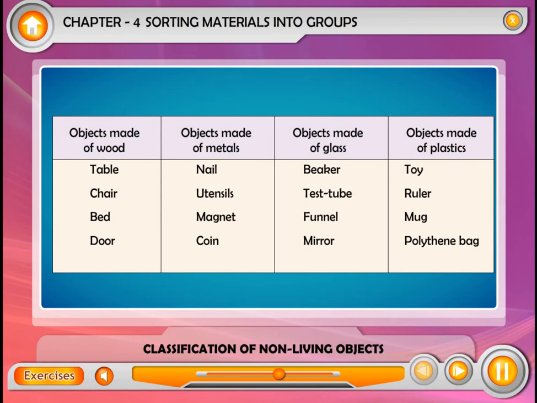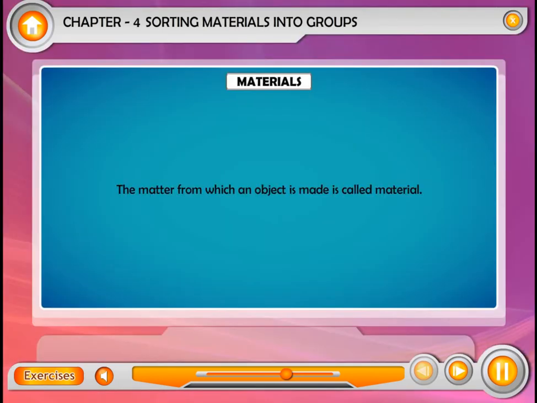Objects made of metals: nail, utensils, magnet, coin. Objects made of glass: beaker, test tube, funnel, mirror. Objects made of plastics: toy, ruler, mug, polythene bag.